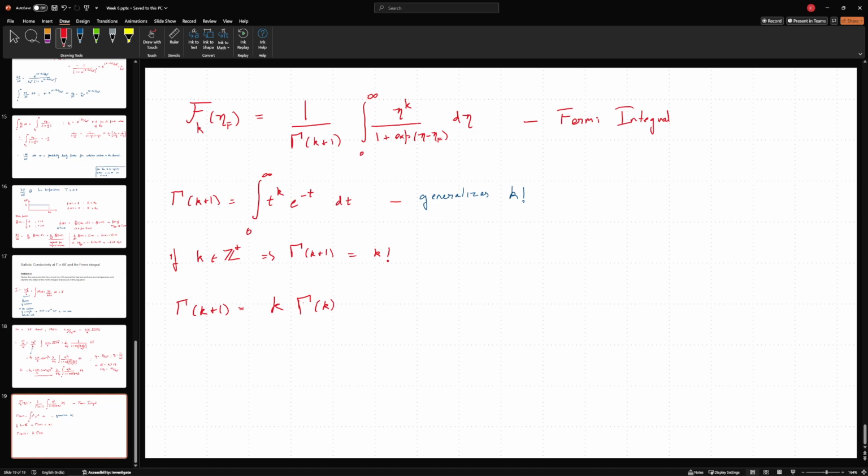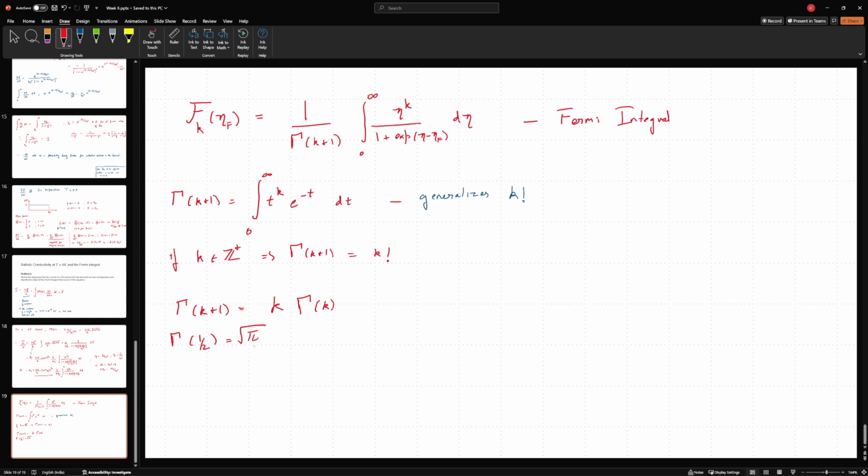And there is a special case of this result also. So we will have gamma of half is equal to square root of pi.